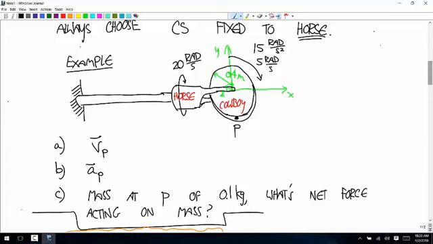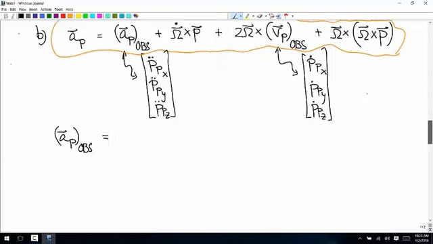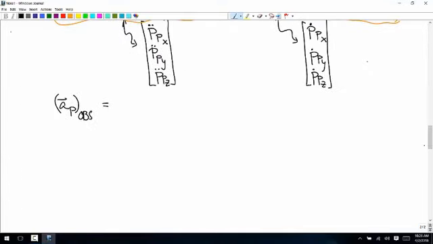So what's the equation we'll use for the acceleration of that point p? Watermelon, yep. And so this is going to be alpha cross r plus omega cross quantity omega cross r.